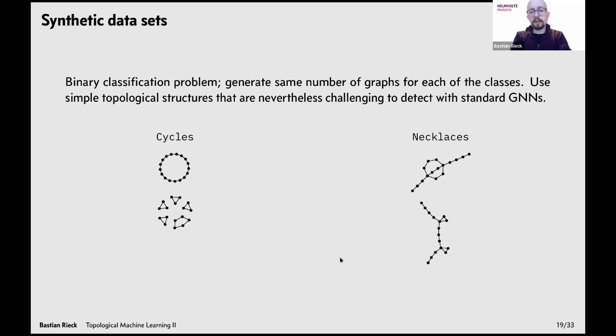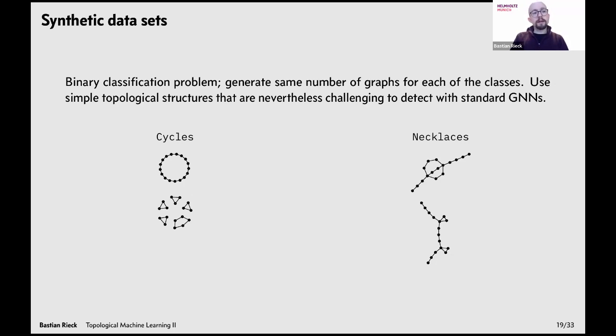The necklaces data set, on the other hand, consists of a very linear structure with some cycle around here, or the same structure, but the cycles are being pushed to different ends. So it's like the connectivity of the cycles is essentially being changed.